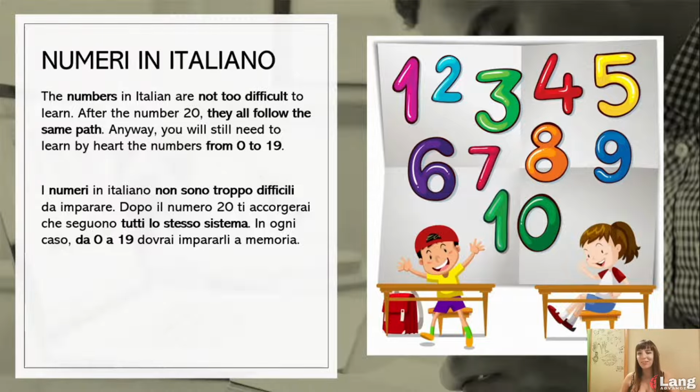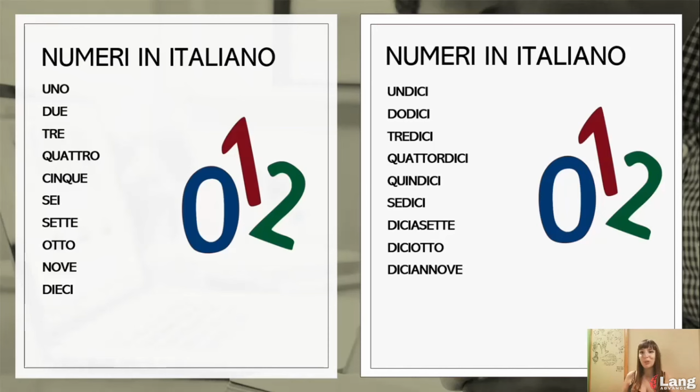But don't worry, you will also be able to download this file from the resources, and I just modified this one. You will see that you have the possibility to listen to my voice, so you will have my voice always with you, and you will have the possibility to listen how to spell each of them, basically. So you will have the possibility to download this file to practice with the numbers.